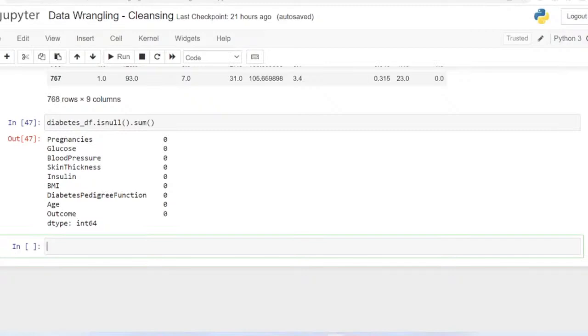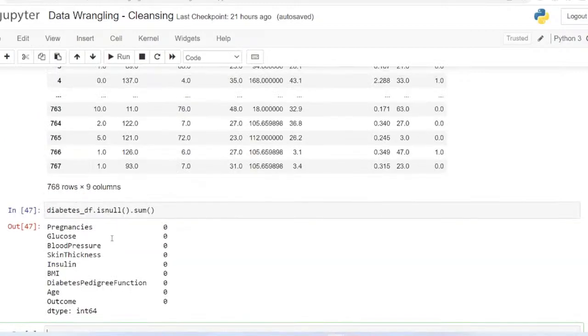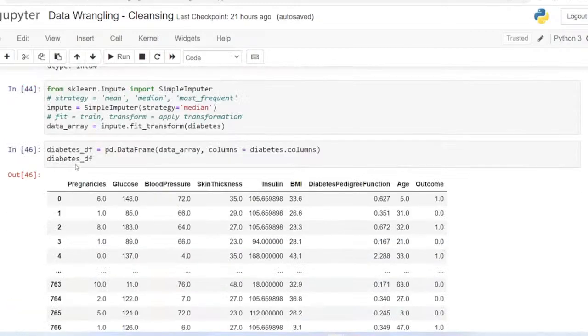So hopefully all have understood that. That's one of the strategies. As you proceed ahead, you will learn more and more different methods. But these are the most commonly used methods: the replace function, the fill function, and imputation. The other could be creating a customized function to replace the missing values.